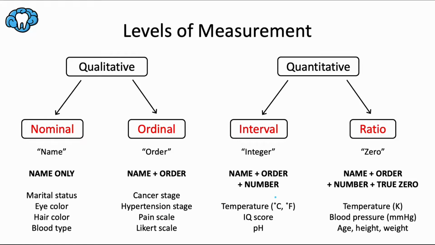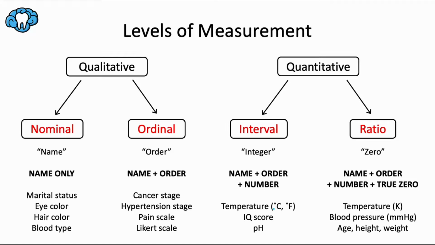By contrast, take an interval variable like temperature measured in Celsius. There are equal intervals between all values. For instance, the difference between a temperature of 30 and 31 degrees Celsius is the same as the difference between 31 and 32 degrees Celsius. It's 1 degree different.